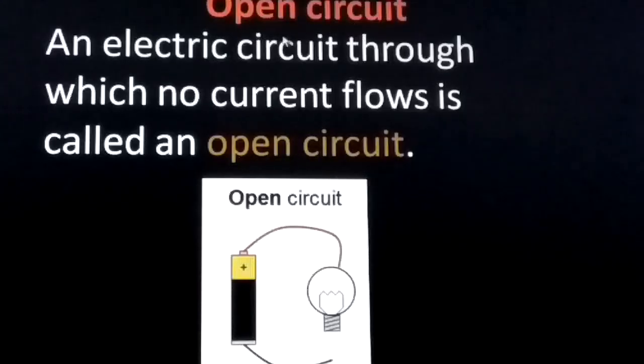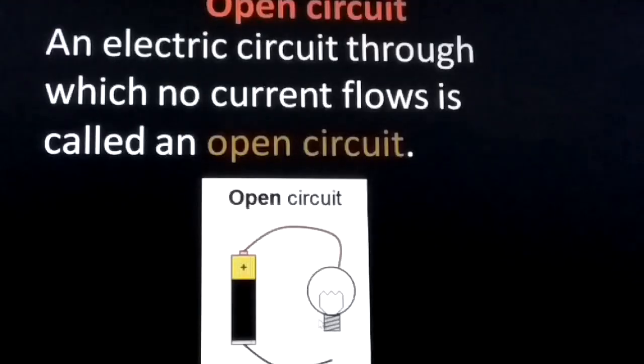The word itself states it. If you observe the figure, the cell and the bulb: the positive terminal of the cell is connected to the bulb, but the negative terminal, the other point, is not connected to the bulb.